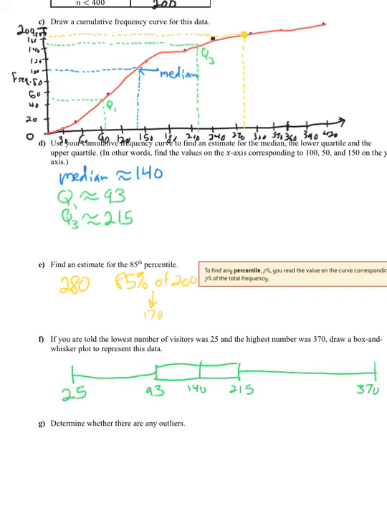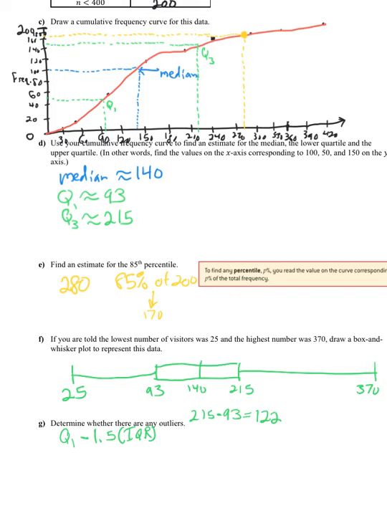And then the last part was to determine if there are any outliers. That's where we're going to use that weird Q1 minus 1.5 times our IQR. To find that interquartile range, we're going to say 215 minus 93, and in this case, it was 122 for our example.